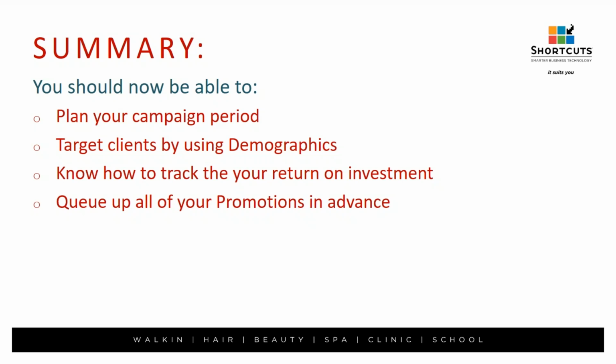Target your customers using demographics. So always build your campaigns around your clients. Know how to track your return on investment. If you're not using promotion codes, you must absolutely do that so you can find out how successful your campaigns are. And of course, use GCast, use your send options, use your demographics to queue up all of your promotions and events.